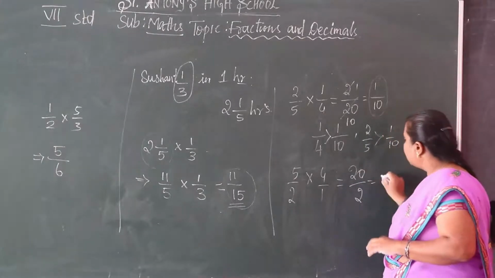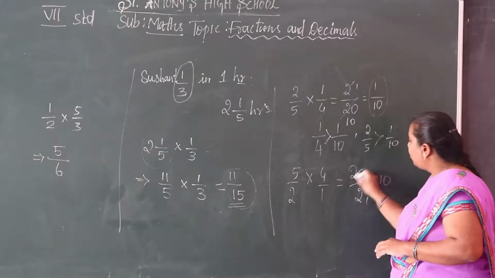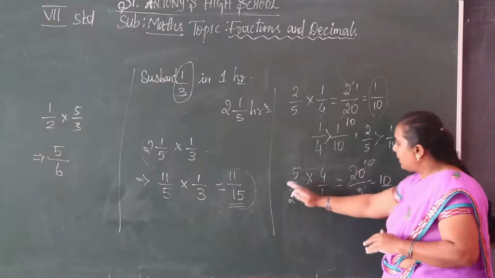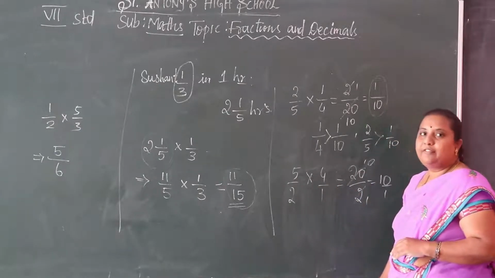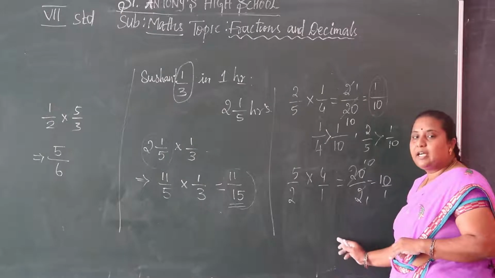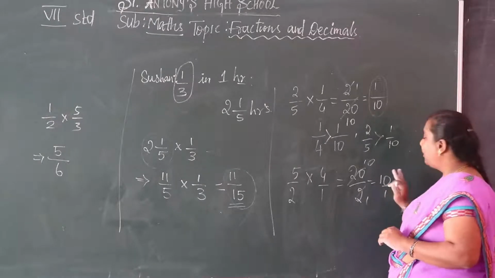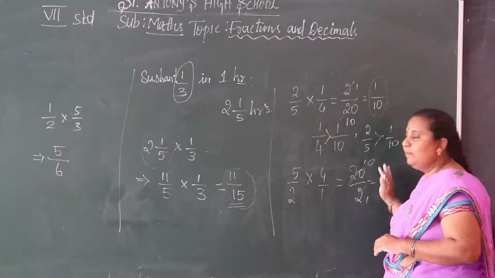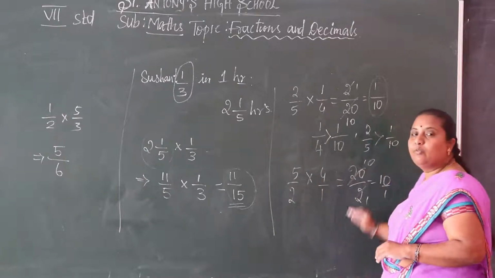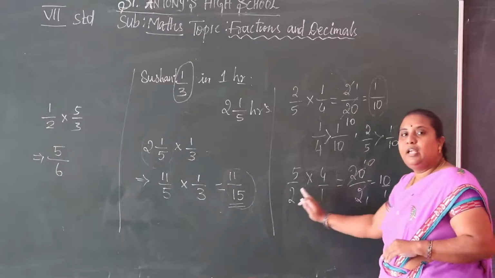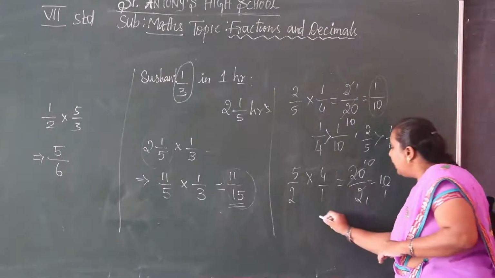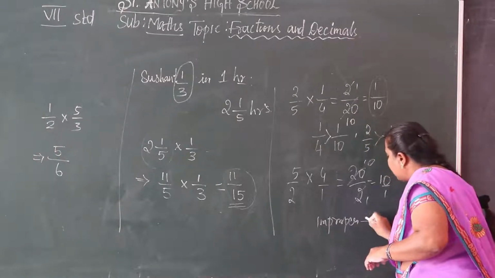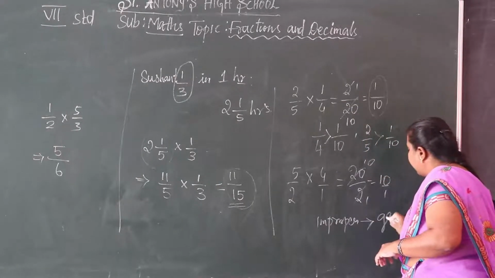So the answer is 10. While multiplying improper fractions, the value of the product is greater than each of the fractions.